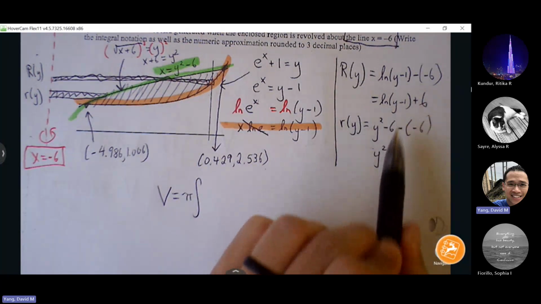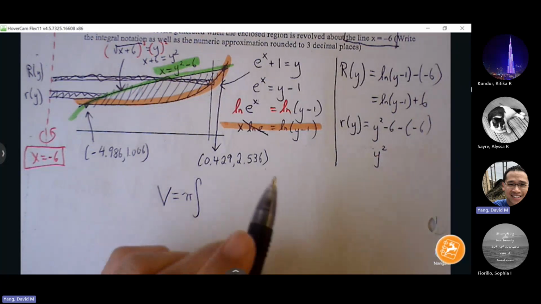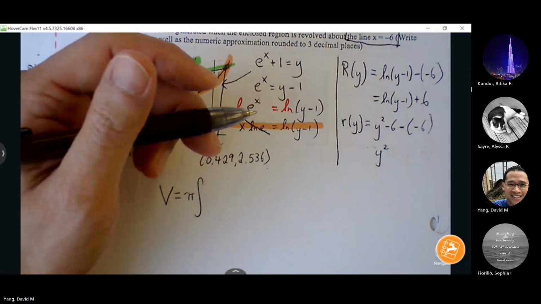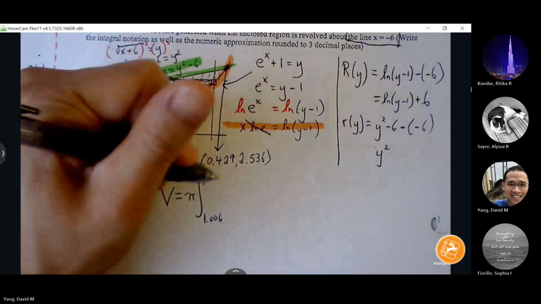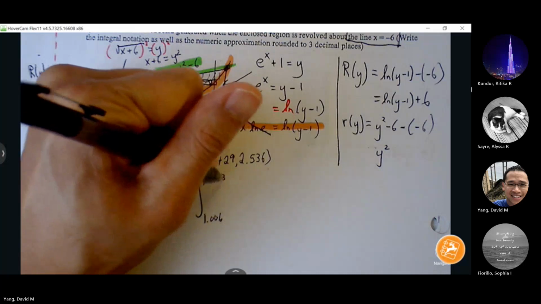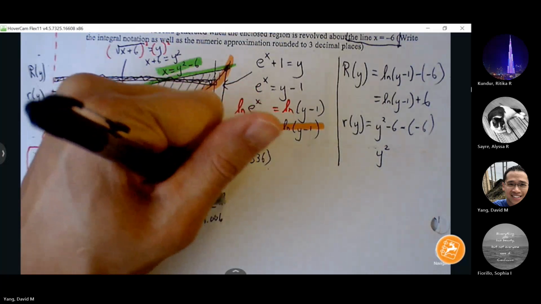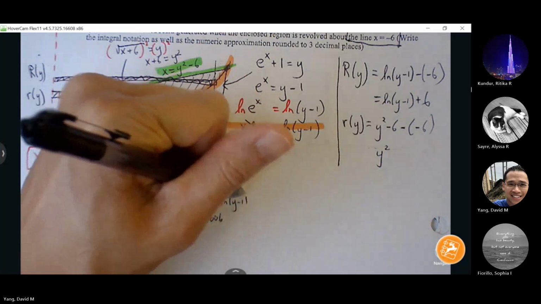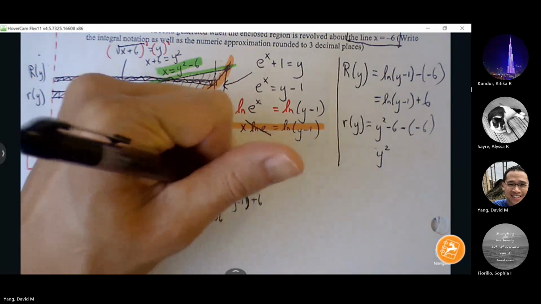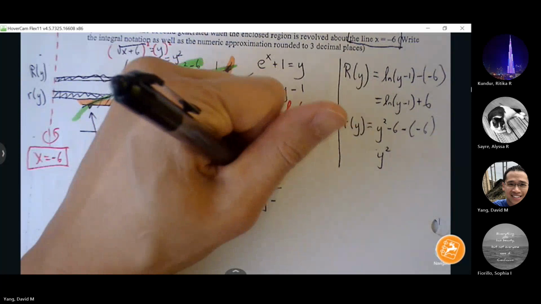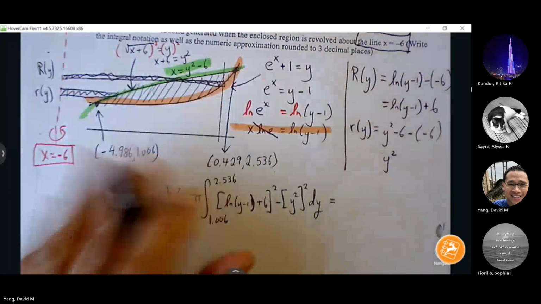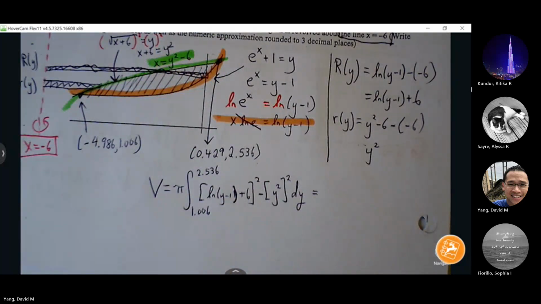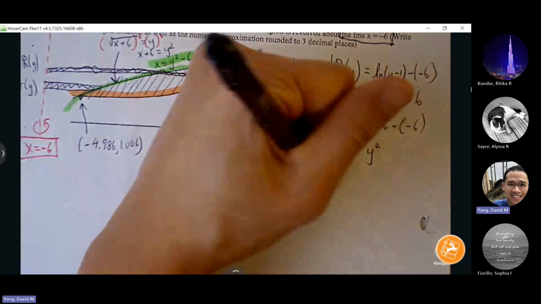Right, everything's in terms of y, so my bounds also have to be in terms of y. Okay, practice entering in your calculator.